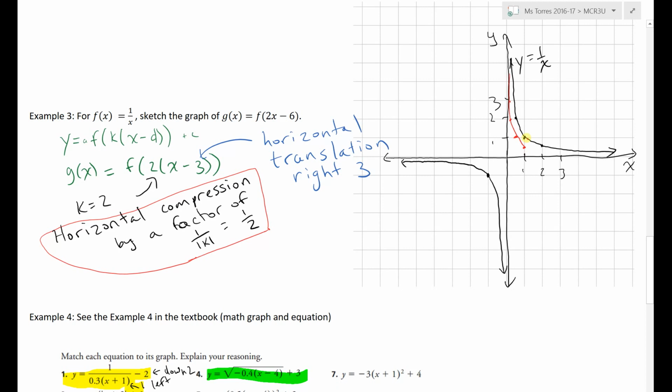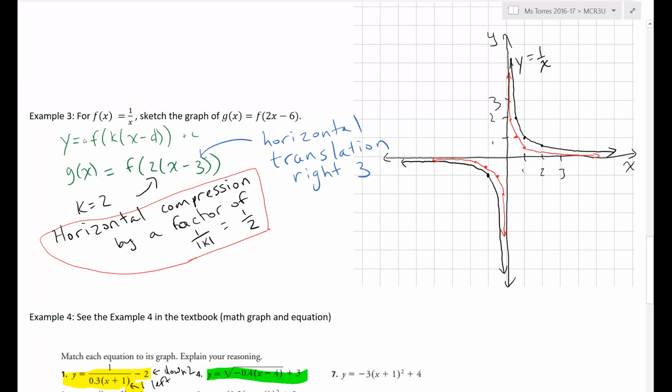Never touches either axis, it just approaches. And same idea here, all the points are half the distance to the y-axis. So it looks fairly similar, but a couple of key points are moved.